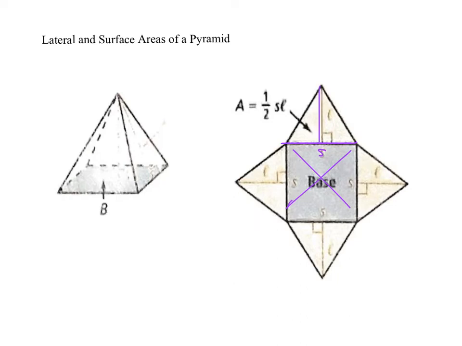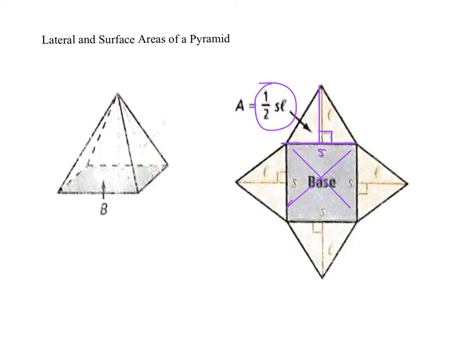The slant height is the height of that triangle. So if I find the area of the triangle, it's 1/2 SL. Well, think about 1/2 SL times what would give you your whole lateral area. Your slant height, your lateral faces, there are 4 of them that are identical.